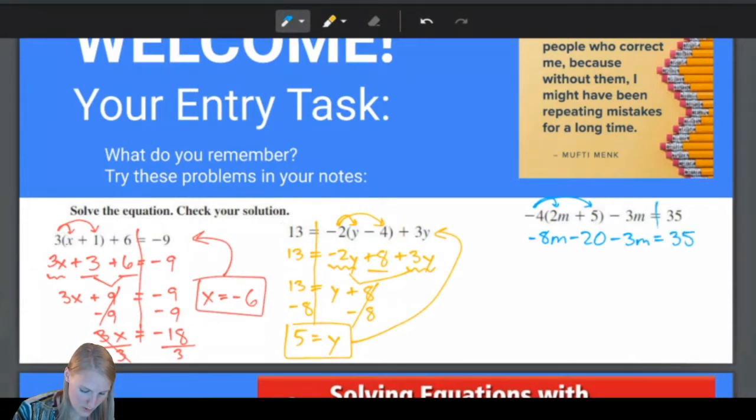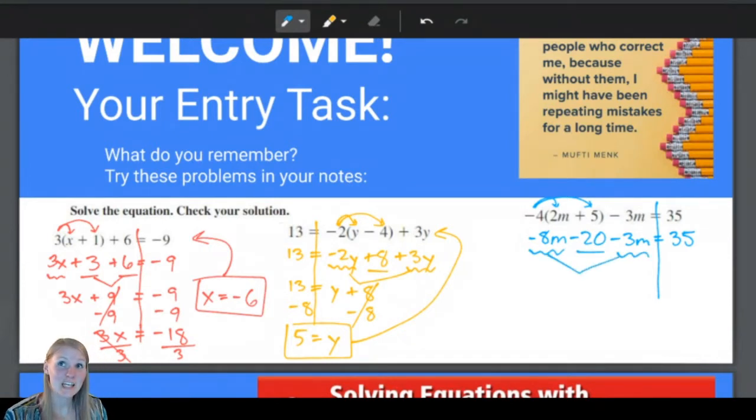And let's draw our line there. Okay, we have an apple, an orange, and an apple. So let's put those together. Negative 8m minus 3m. That is negative 11m. The minus 20 comes on down, and the 35 will come down as well.